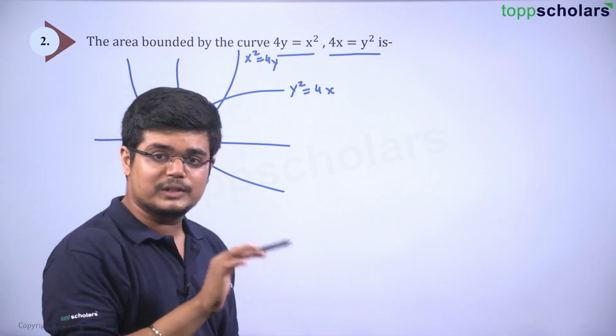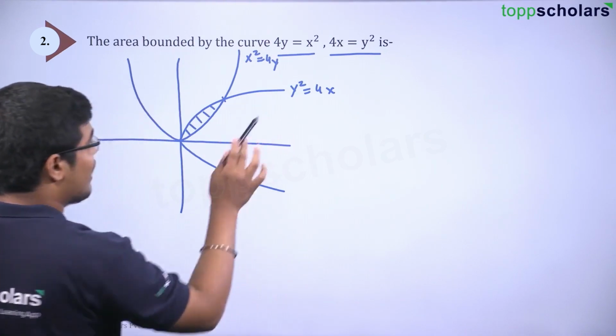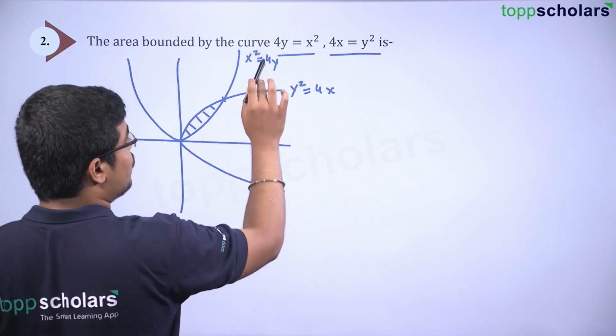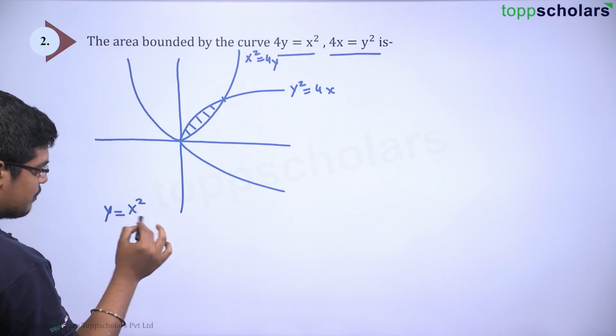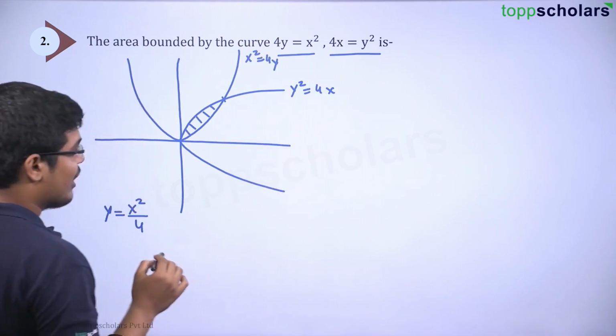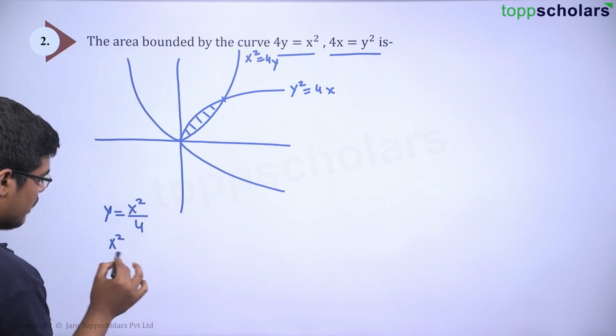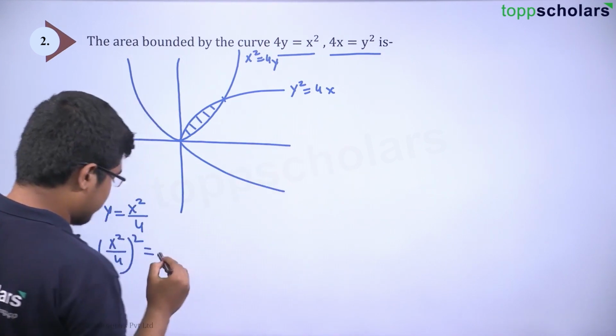Now when you go ahead, students, and find the point of intersection, we'll have to find it by substitution. So from equation 1, that is x square equal to 4y, y will be x square upon 4. So we'll replace the value of y over here. So we get x square upon 4, the whole square, which is equal to 4x.